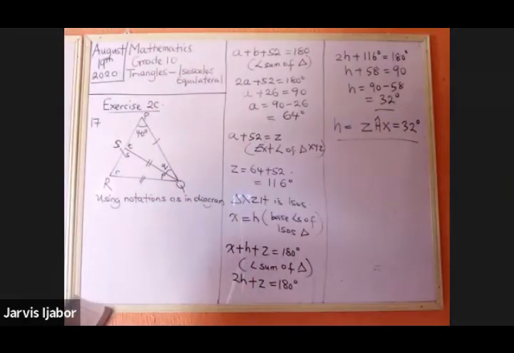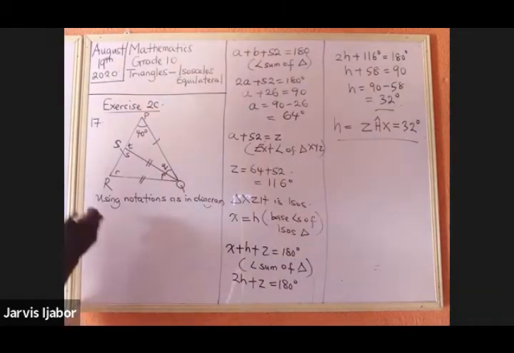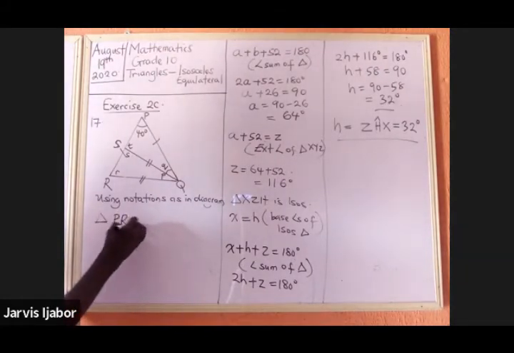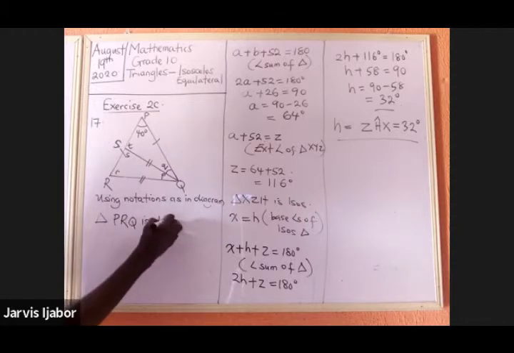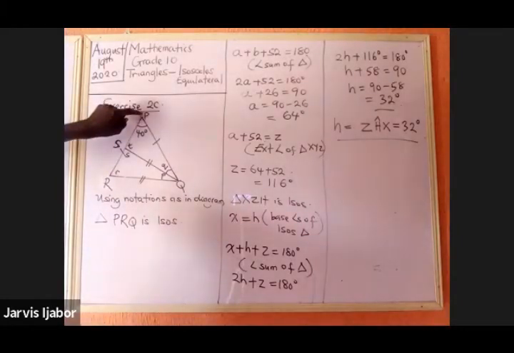All right, so we come to question 17. So we already have the sketch. So we know that triangle PRQ is isosceles. That's the first thing we should take note of. Why? Because we are given that PR is equal to PQ.